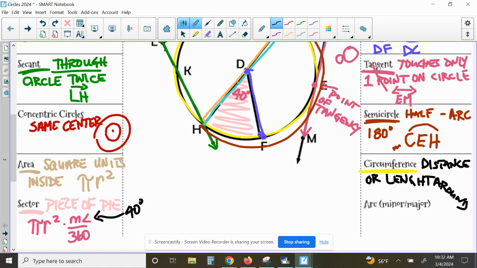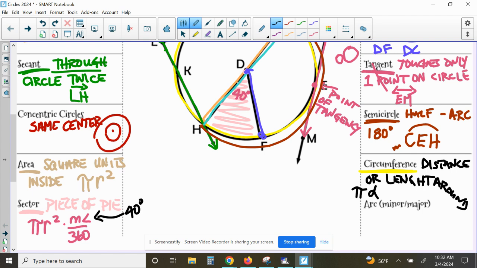You can use radius or diameter. So you can use either just pi times diameter. That's the one I use because it's nice and easy, just pi times diameter. But what is true about a diameter in a picture? How many radiuses is a diameter? 2.